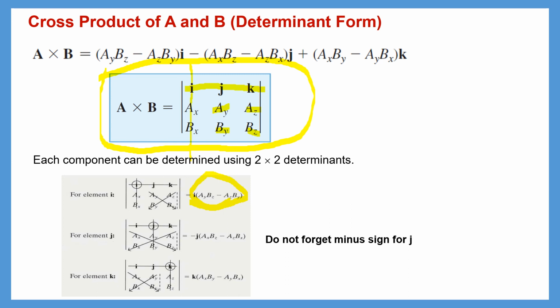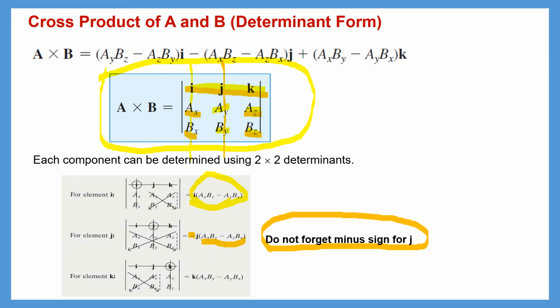To calculate the component of j, okay, we are going to cancel j component and we are going to multiply Ax with Bz minus Az times Bx. Here, this is the j component. While calculating j component, do not forget the minus sign before the j. Okay? You should add a minus sign before j.